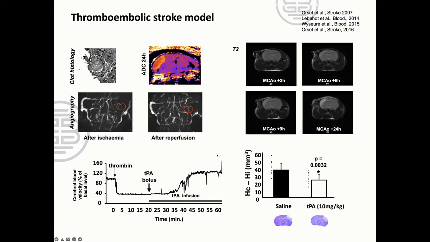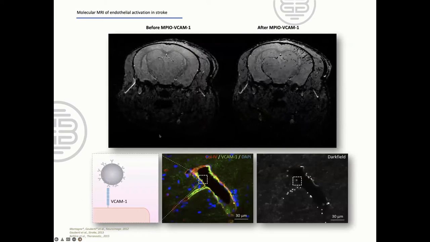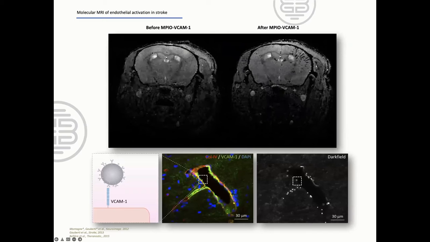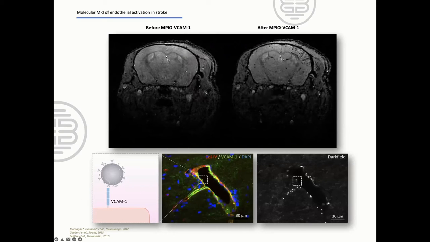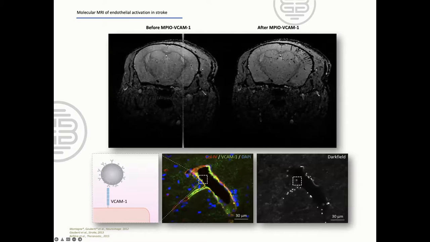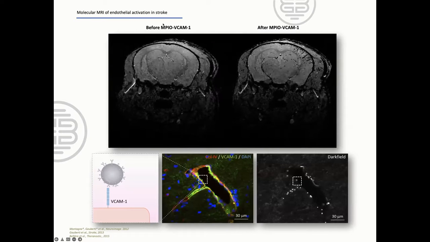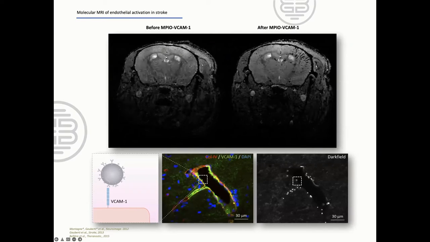And it's what we did in the context of the thromboembolic ischemic stroke that I showed you before. And as you can see here, you have the brain of the mice following ischemic lesion very early after stroke onset. And before injection of the paramagnetic beads, you cannot see anything.